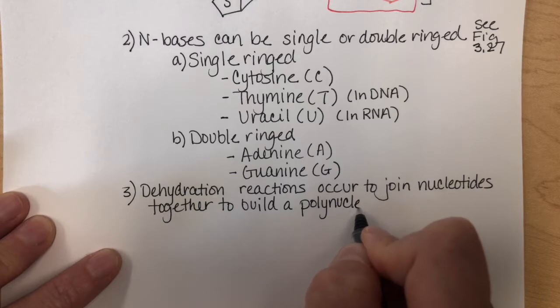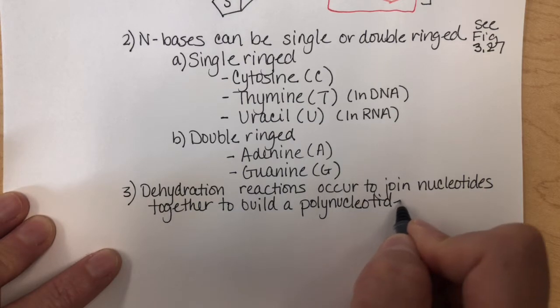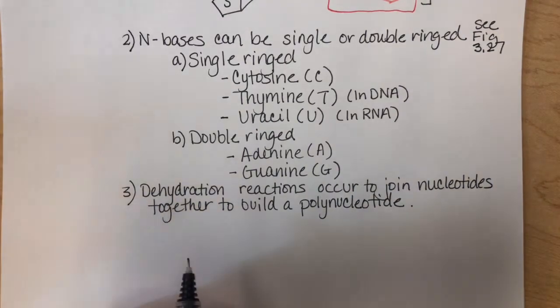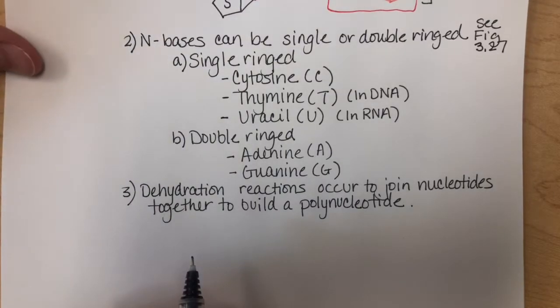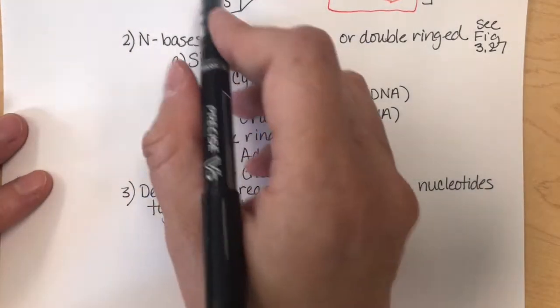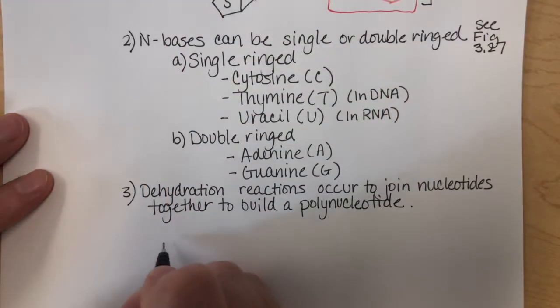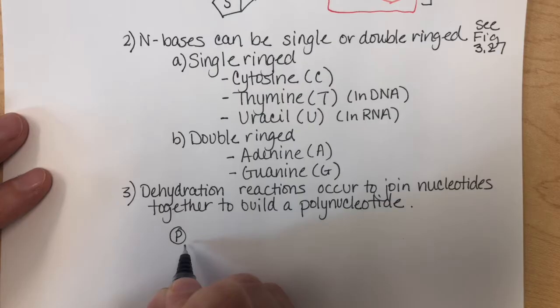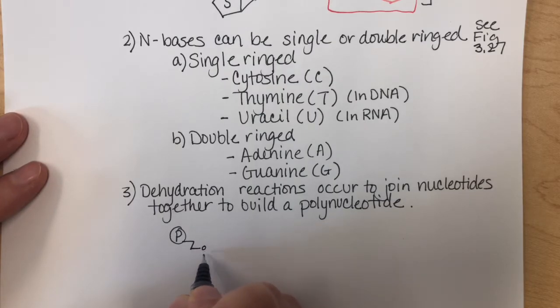I think I said polypeptide. All right, so let's draw this. Let's draw the nucleotide. So one nucleotide is a phosphate, and then your sugar, and then your base.